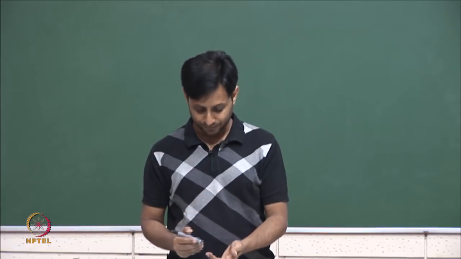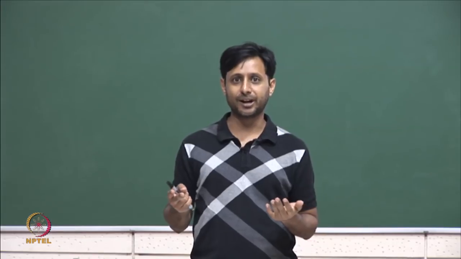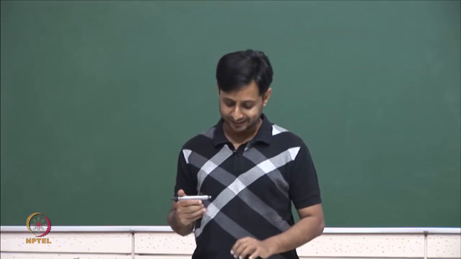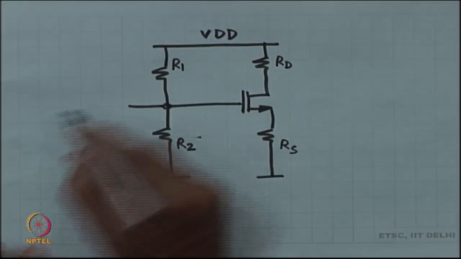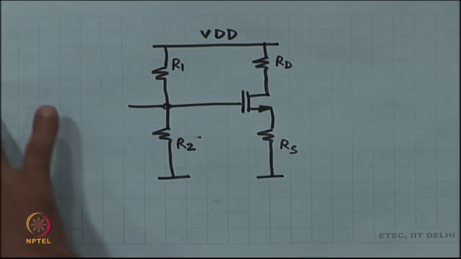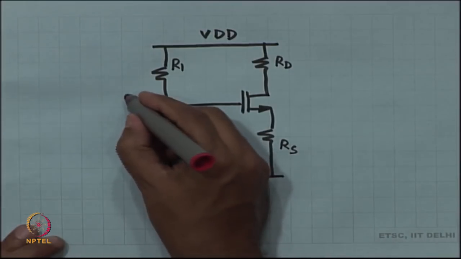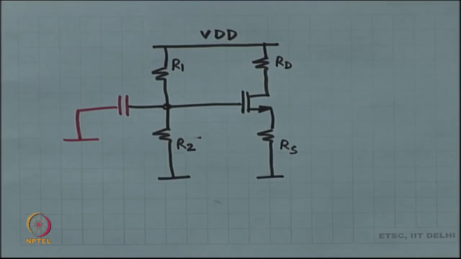Now, obviously, over here gate is not at ground, in the circuit gate is certainly not at ground, but we can still implement ground in the small signal sense. How do we do that? With the help of a big fat capacitor. Right.